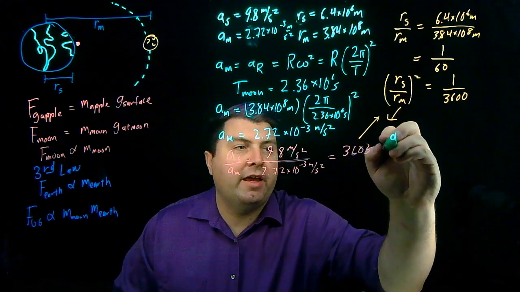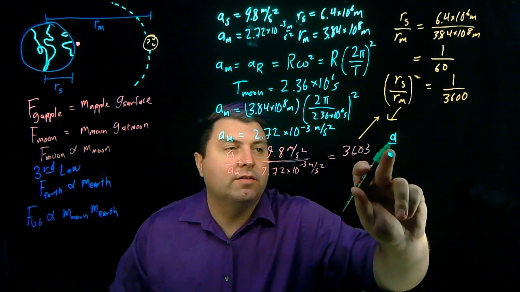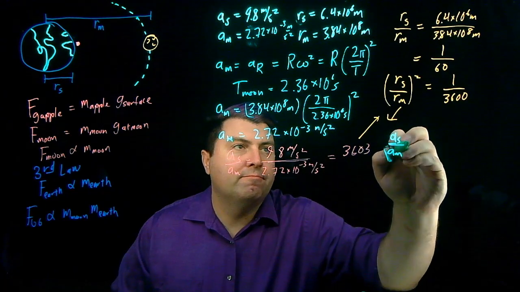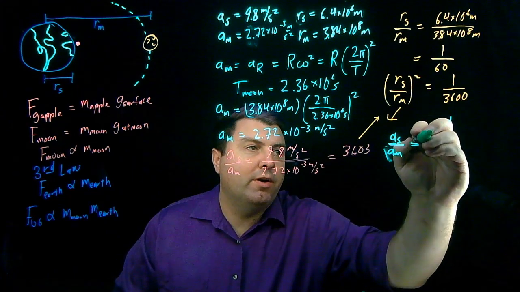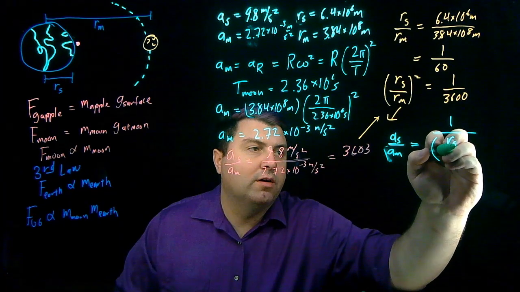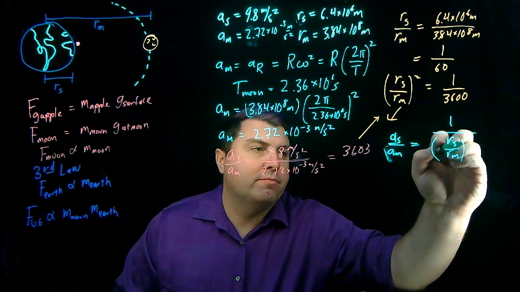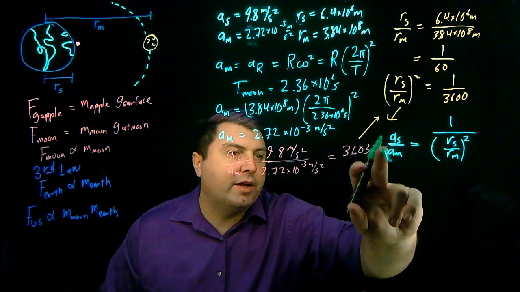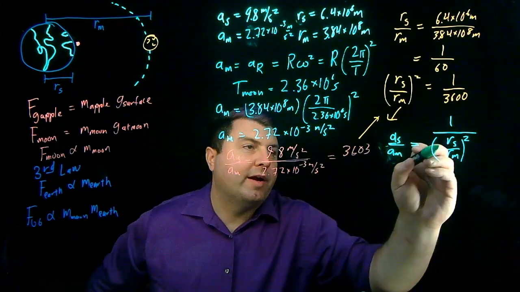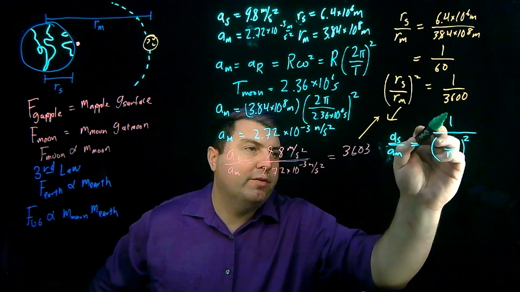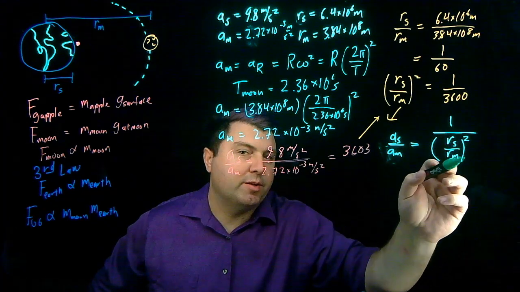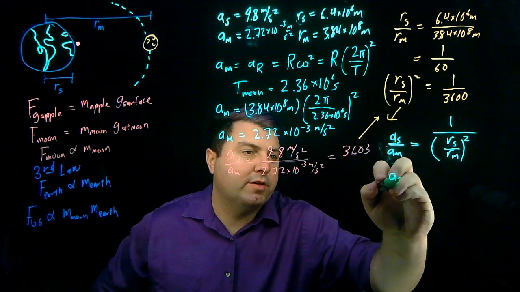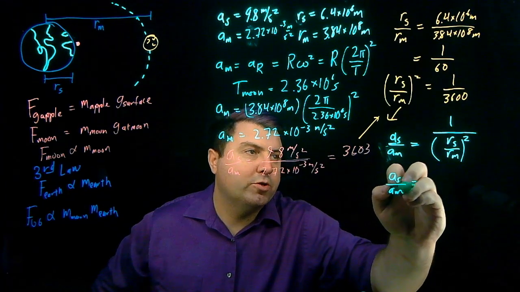Looking at this a little bit differently, we can then kind of combine these two and look at As over Am. Well, this would be 1 over Rs over Rm squared. So we can do a little bit of funny little math, right? 1 over Rs squared, we can then have just stay on the bottom, or we can move this all the way up top, but we can also do a little bit more tricky stuff.